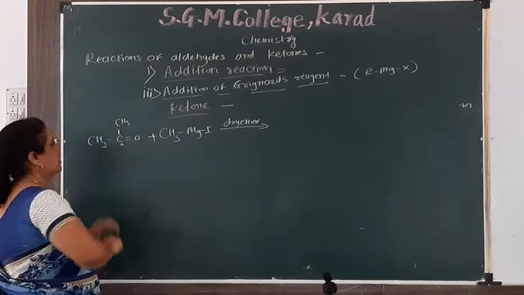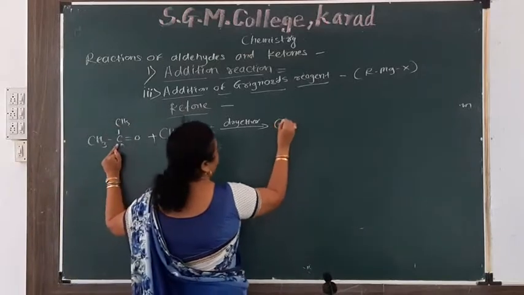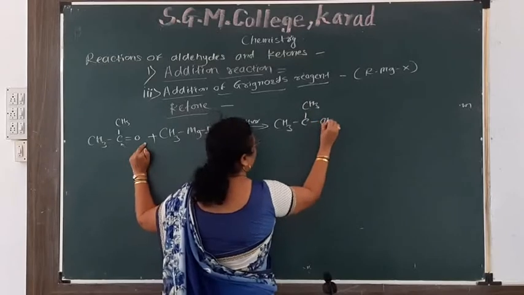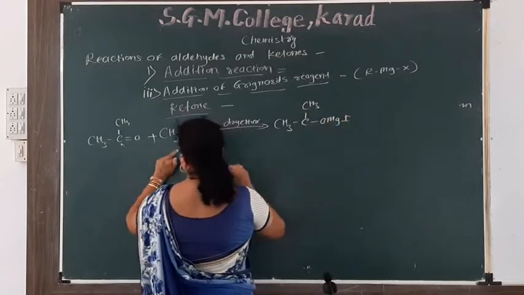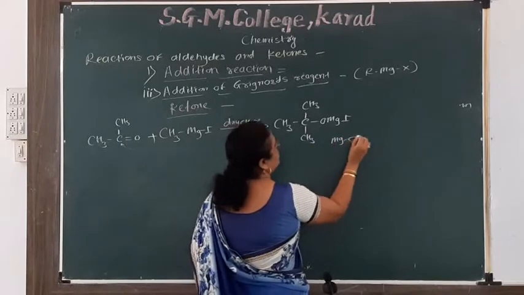The sp2 hybridized carbon atom gets converted to an sp3 hybridized carbon atom, and we get here CH3, OMgI and CH3. This is known as magnesium complex.